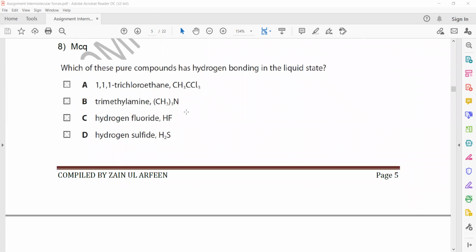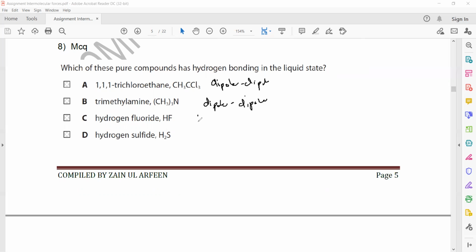Which of these pure compounds has hydrogen bond in a liquid state? Carbon bonded with chlorine will have dipole forces. Here carbon is bonded with nitrogen. If nitrogen were bonded with hydrogen, then it would have hydrogen bond, so this will have dipole forces. Others will be there, but the major one is dipole.